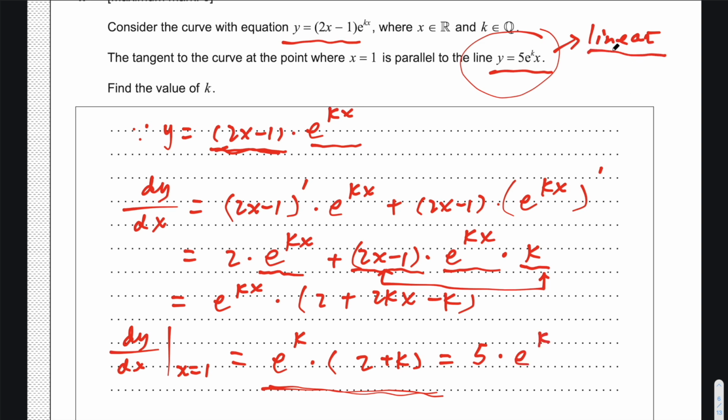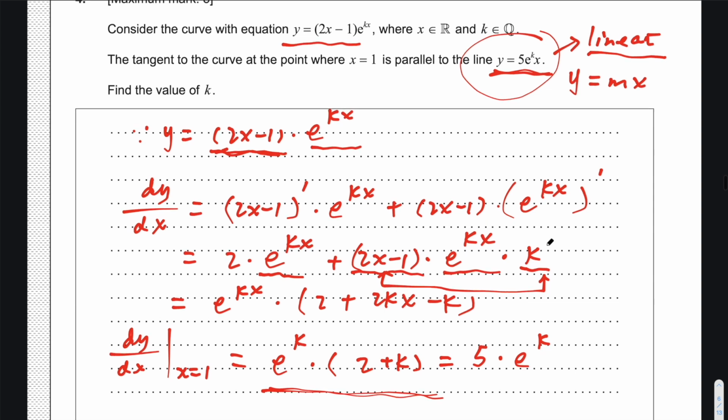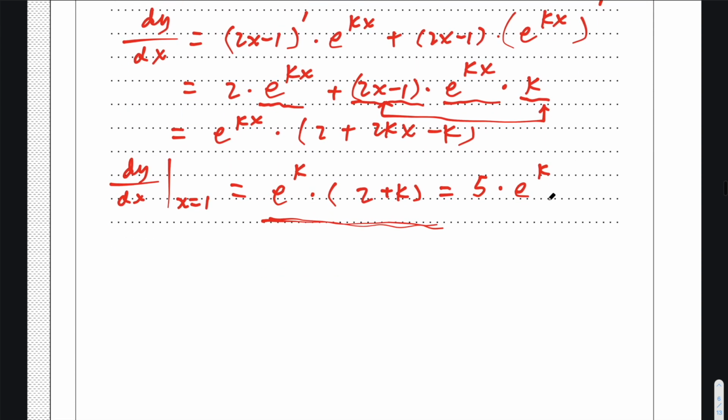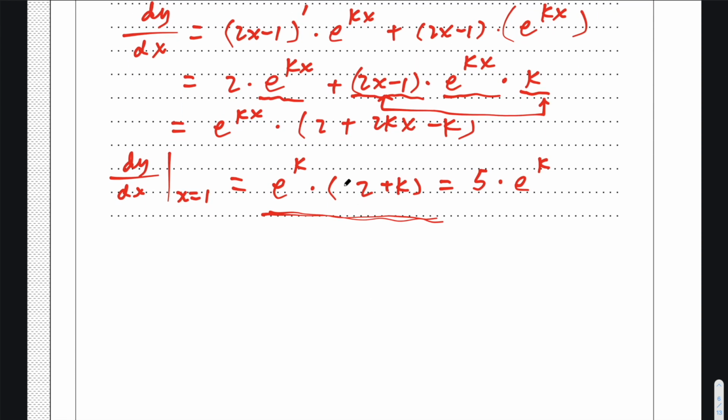As we mentioned earlier, this is actually a linear function, like y equals mx, right? So m is the slope. Okay, so we can solve this equation. We notice that both sides have e to the power of k, which is not equal to 0, so we can divide both sides by e to the power of k.